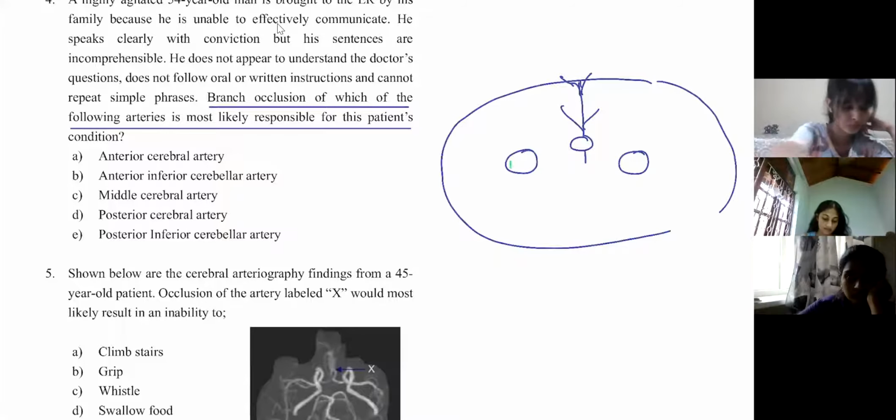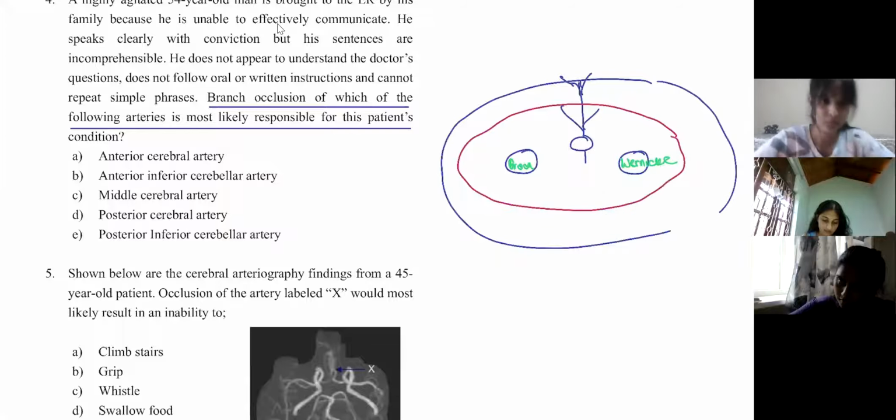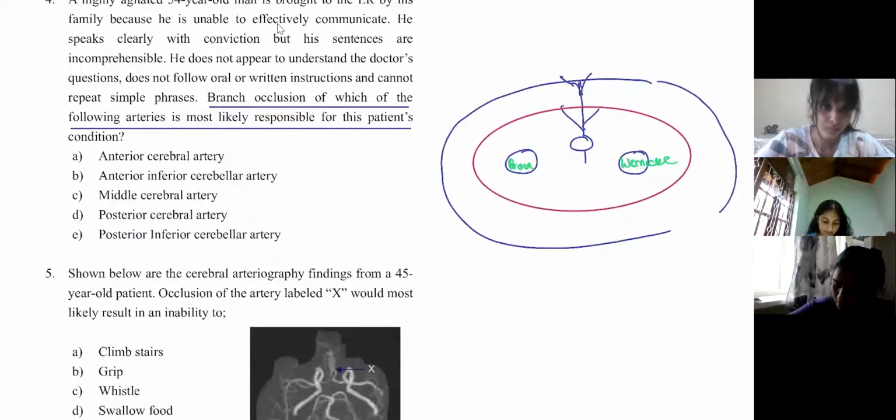So Broca, Wernicke. Remember, guys, language and the upper extremities of the body is going to be supplied by the middle cerebral artery. Okay, answer is C.